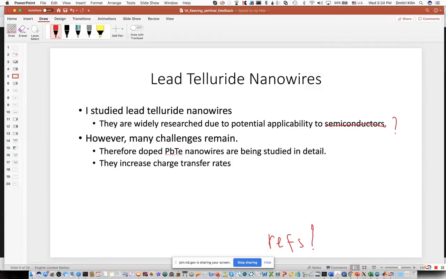So, what are the features of lead telluride material which make them usable for thermoelectric applications? What are the specific features of lead telluride?